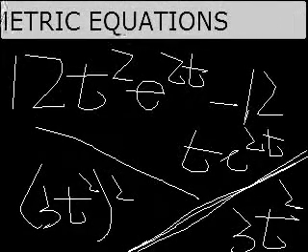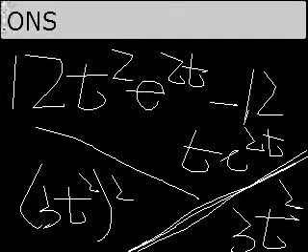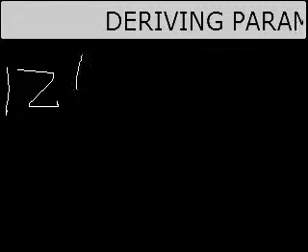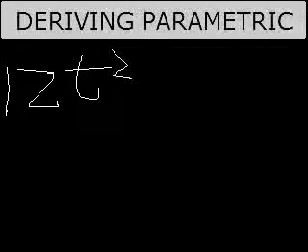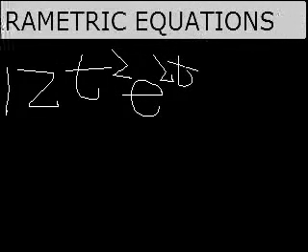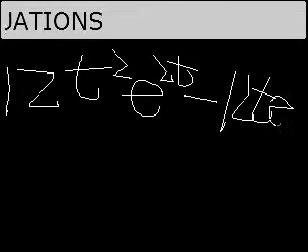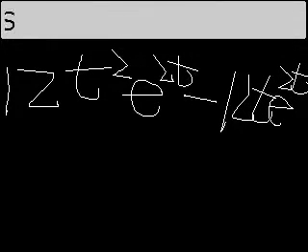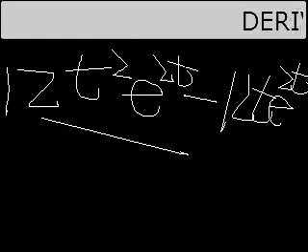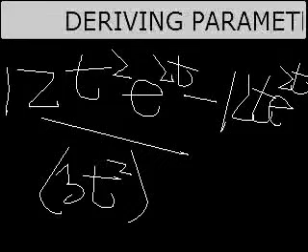So yeah, if you divide all of that by 3t squared, you end up with 12t squared e to the 2t minus 12t e to the 2t all over 3t squared to the third.